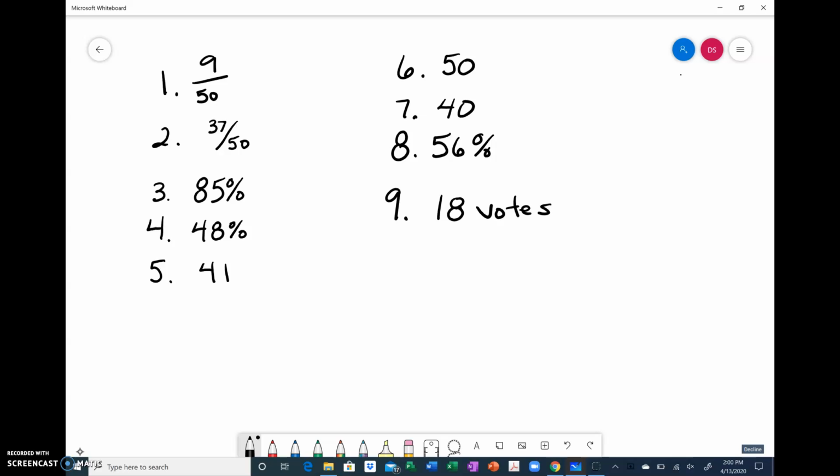And how many votes did Kathy receive? You should get 22 votes. Now, if I have time, I will go over that. But I only have a minute left, so I'm going to let you work on 9 by yourself. If you get really stuck and need me to help you, send me an email and I can help you on that. All right, so hopefully that helps.